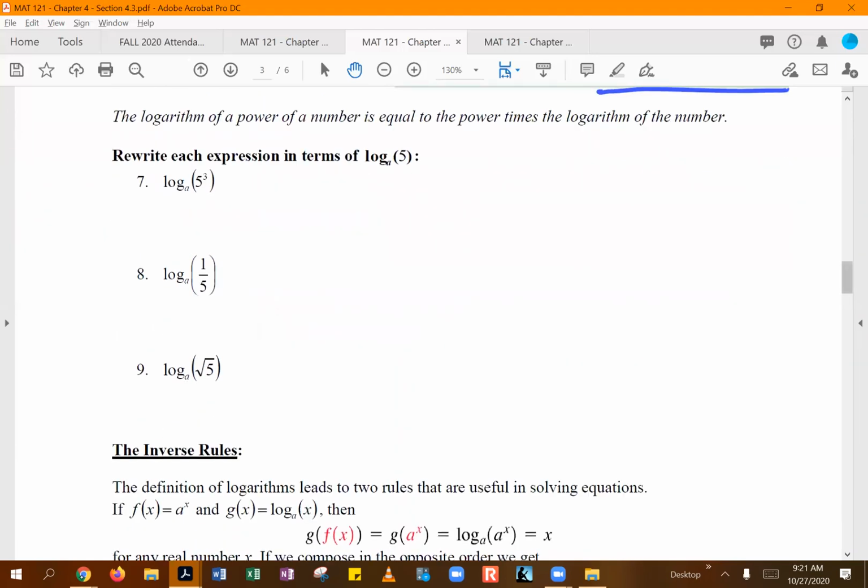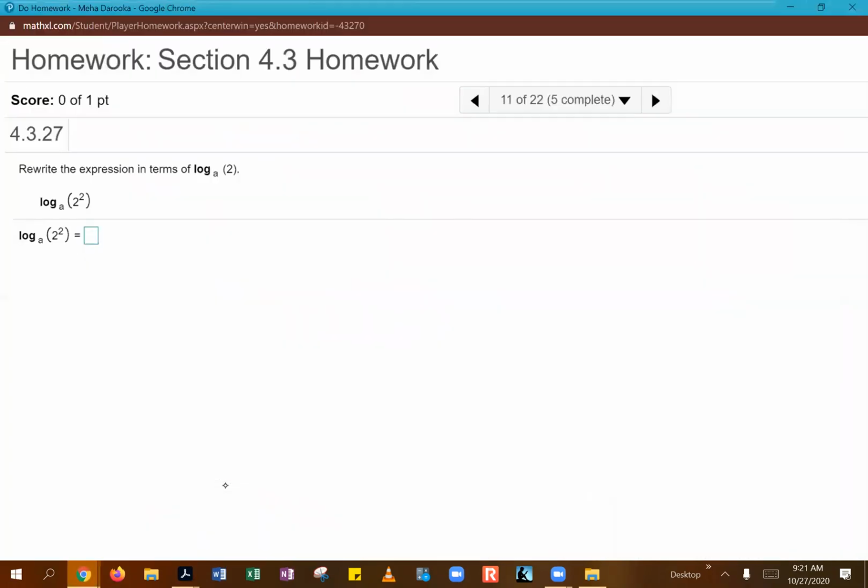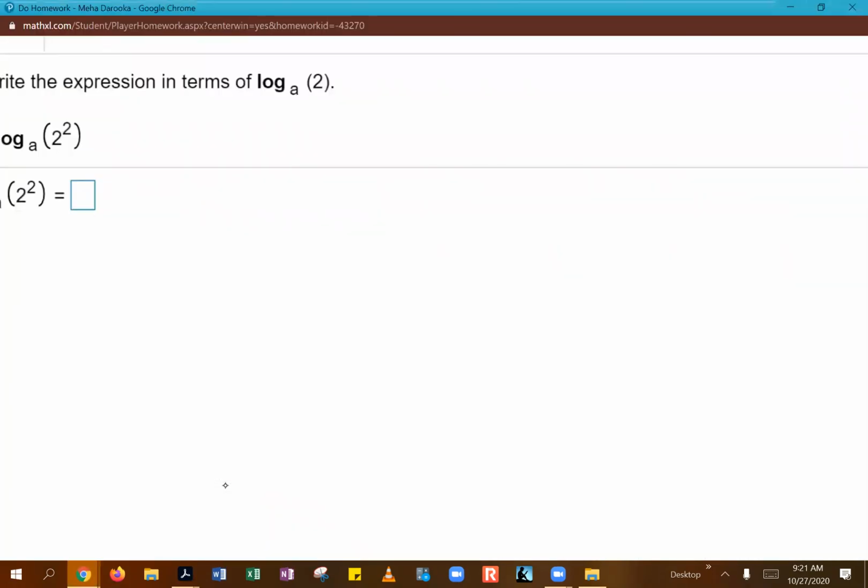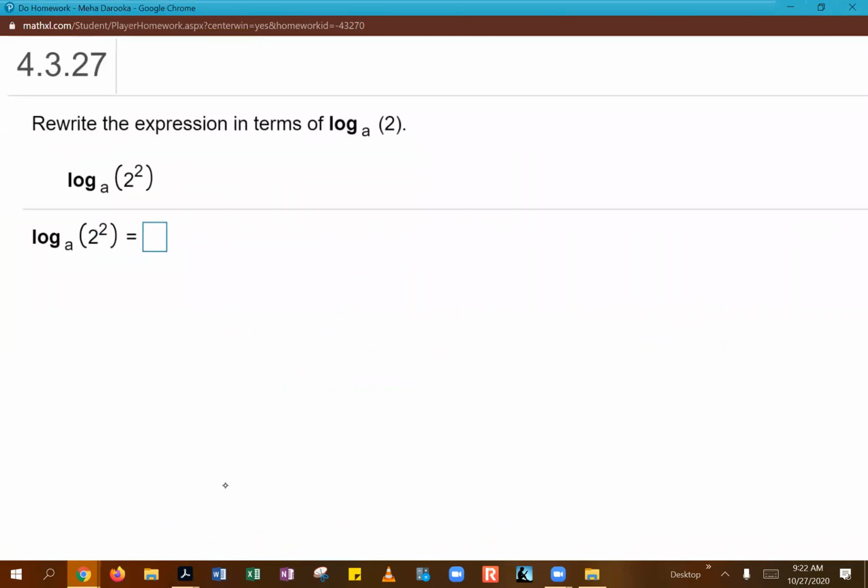You've got a couple of examples over here, but let's look at something like this. We have log of 2 squared with base a. I can take that exponent and bring it in front of the logarithm itself.